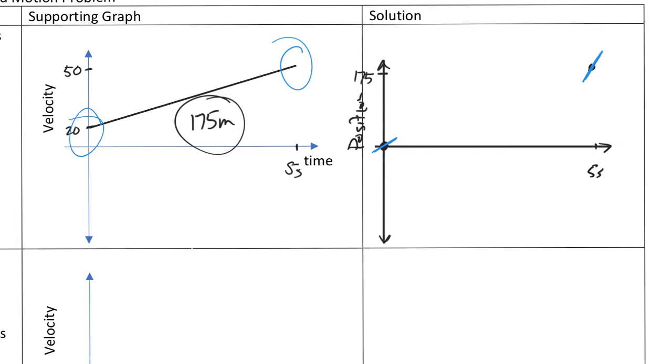And now, understanding that my curve is going to become steeper as time goes on, I need a smooth curve that would connect the two data points together to indicate I understand that the object's velocity is increasing. The position graph tells you a little bit about the velocity too.